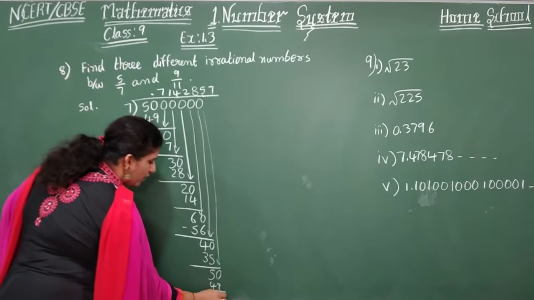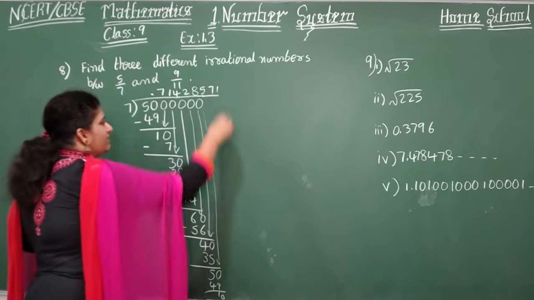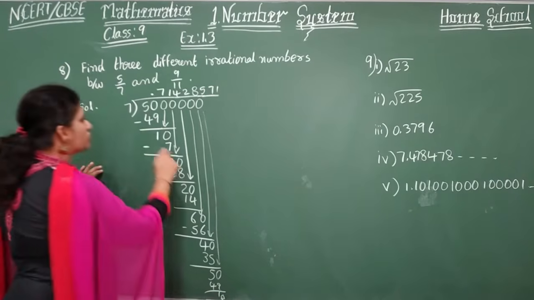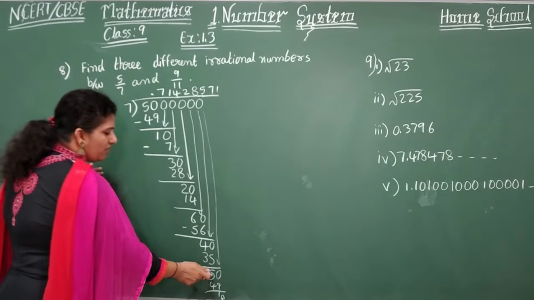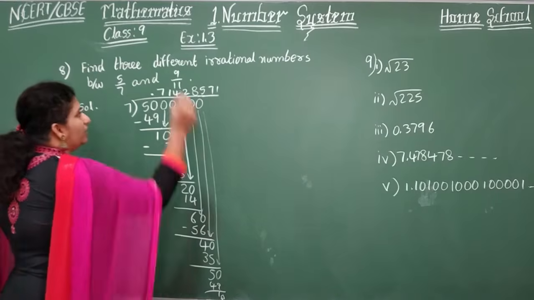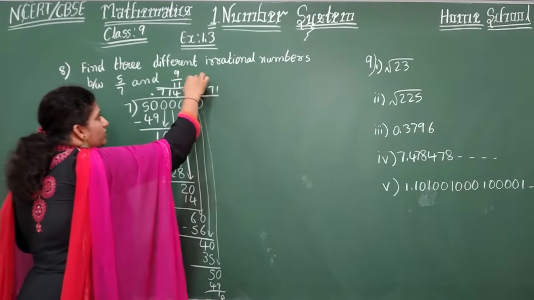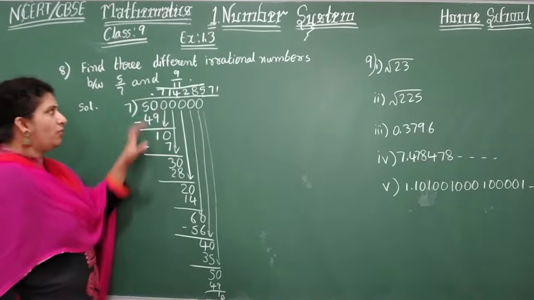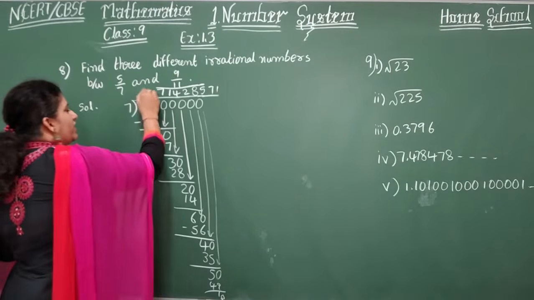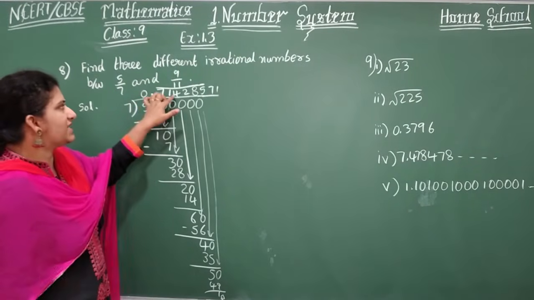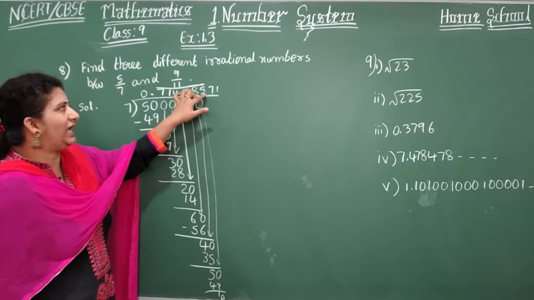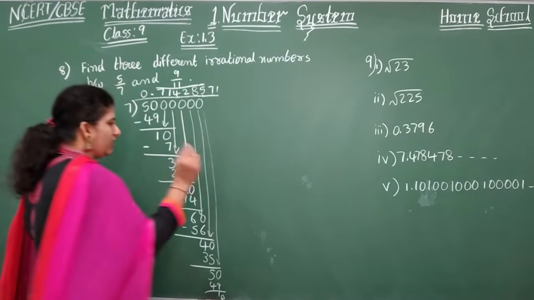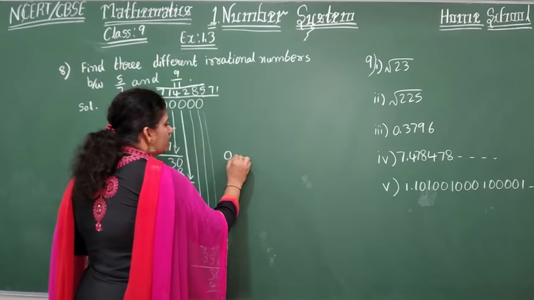Then that will be 1 0. 7 1s are 7. So look here children, from here it is repeating. Means look here. Right? 0 point means you can write it as 0.714285, 71. So let me write here. What's your value?